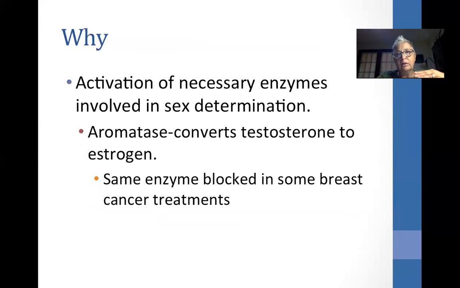And we all know catalysts change the reaction times and conditions to speed up or slow down a reaction, typically speeding it up. And enzymes are biological catalysts. There's an enzyme called aromatase that converts testosterone to estrogen, and it's affected by different temperatures. So a lot of the thought is around that: what if you're not converting testosterone to estrogen, you're going to have more testosterone and develop male.